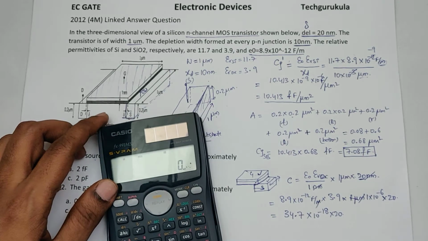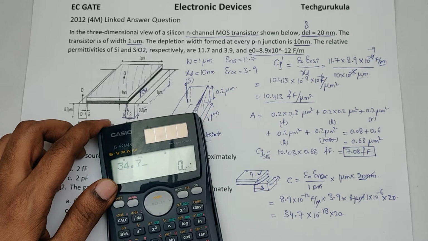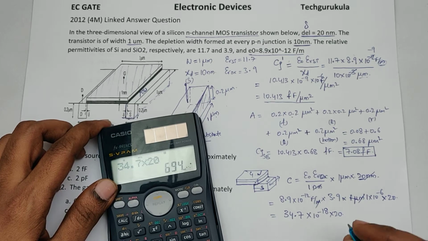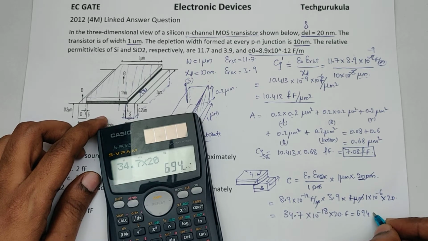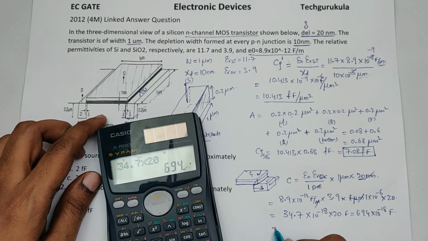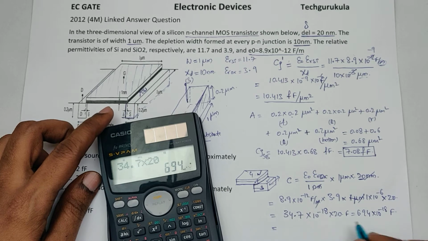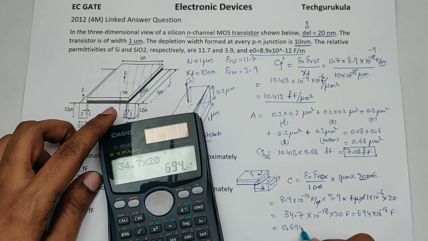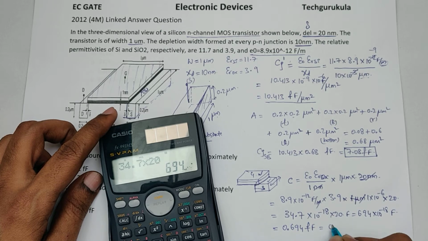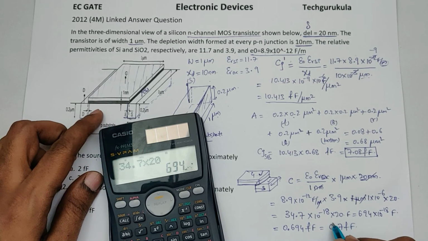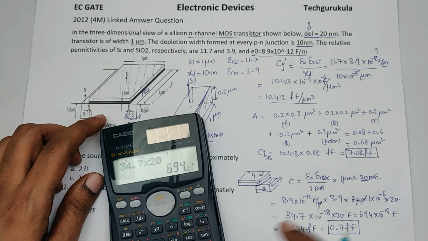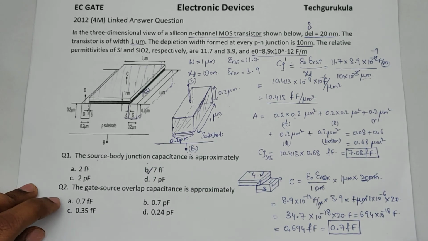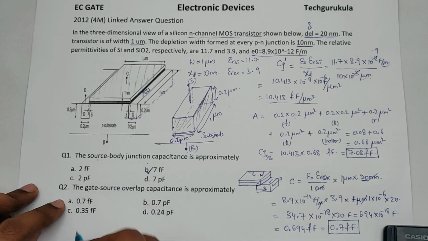Sorry, I missed that. So 34.7 times 20 is 694. This is 694 times 10 power minus 18 farads. We can write this, in terms of femto, as 0.694 femtofarads. This is 0.7 femtofarads. This gate source overlap capacitance is 0.7 femtofarads approximately. So the answer here is 0.7 femtofarads, option A.